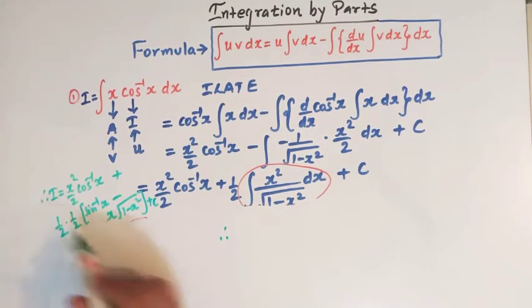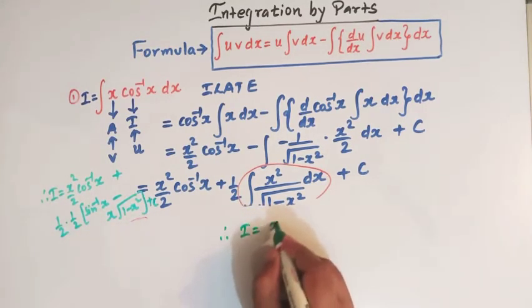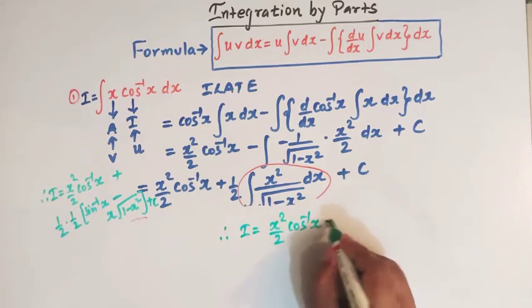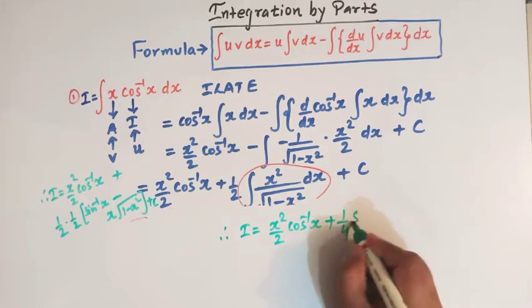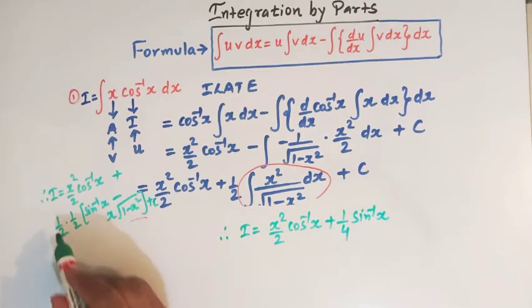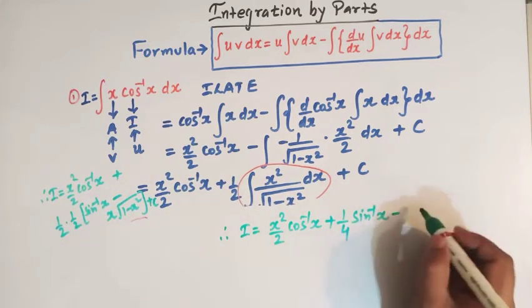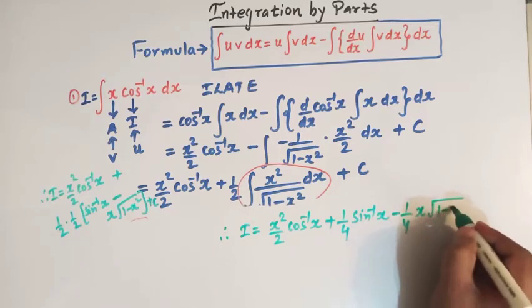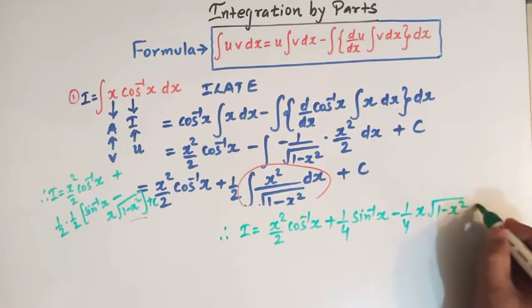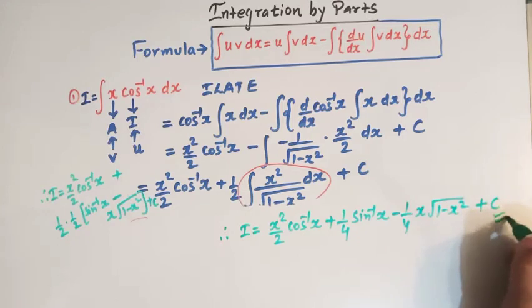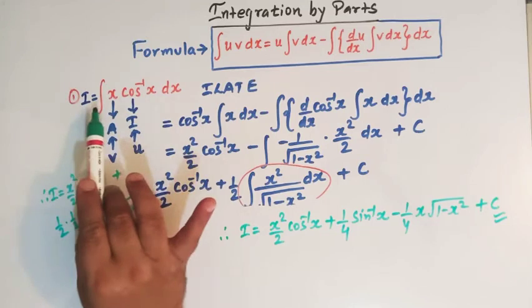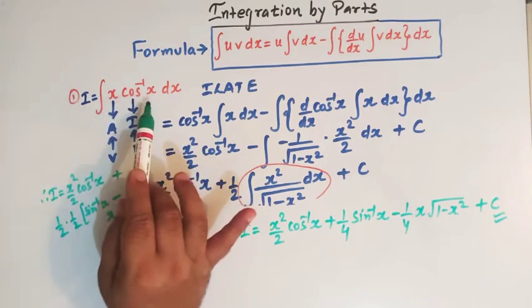Therefore the value of I is x square by 2 cos inverse x plus 1 by 4 sine inverse x, this is half times half is 1 by 4, sine inverse x, minus 1 by 4 x times square root of 1 minus x square plus c. So this is the required integral of the given integral x cos inverse x, right?